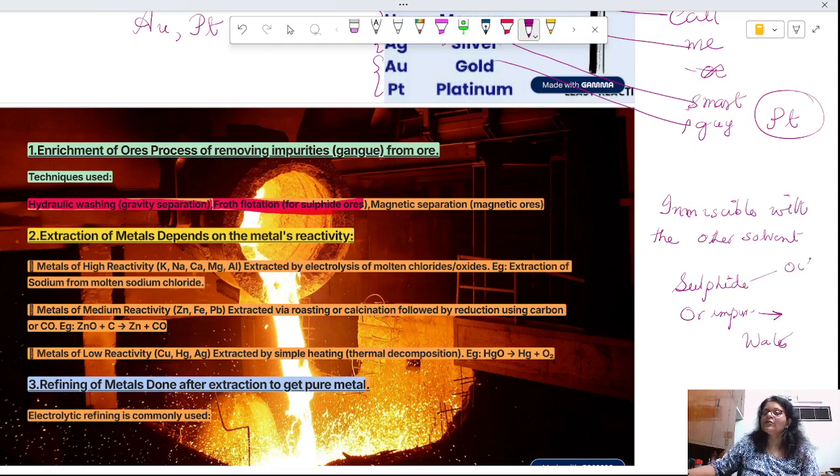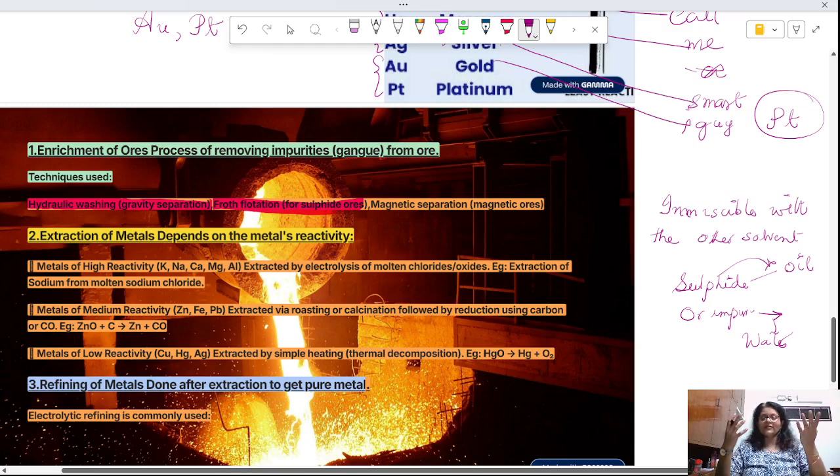And we are taking two solvents, say one is oil and one is water. If the impurities get dissolved in water and sulfide is dissolved in oil, and you know the difference between the densities of oil and water, where will you find oil? Above water, right? So some more agitation, we will do froth flotation, a method where we pass high speed air into the substance. Whatever it is, you need to agitate it.